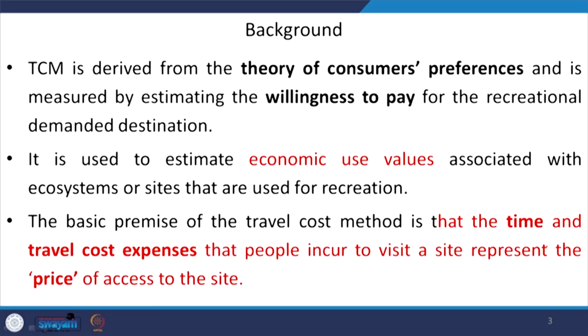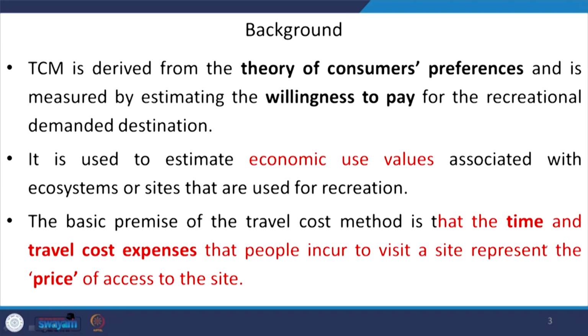So, let us understand the background of this method. As you understand, these revealed preference methods are generally applicable to estimate the use value of the environment. TCM is also doing the same assignments. And moreover, the TCM is used in estimating the willingness to pay, especially for the recreational demanded destination or the site where the recreational activities are performed.